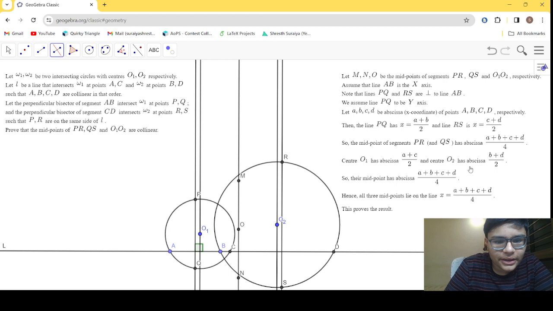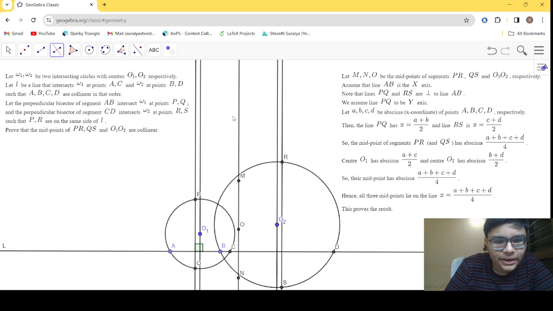So the midpoint of O1 and O2 has abscissa which is the average of (a plus c) by 2 and (b plus d) by 2, which is ((a plus c) by 2 plus (b plus d) by 2) divided by 2, which is of course (a plus b plus c plus d) divided by 4. And it means that M, O, N, all these 3 points have abscissa (a plus b plus c plus d) upon 4, and that is also the required line.